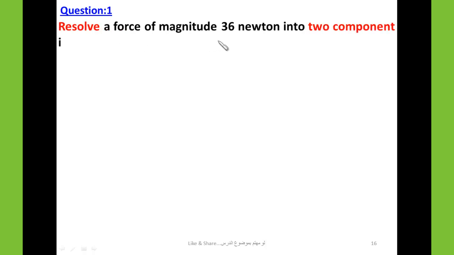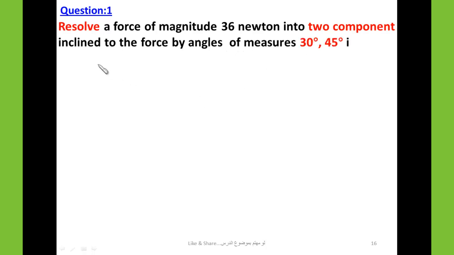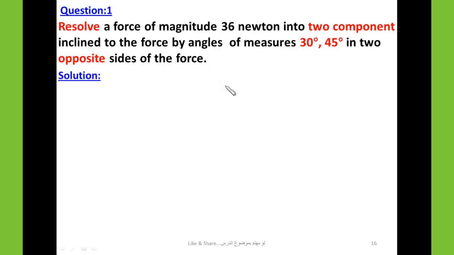Question 1. Resolve a force of magnitude 36 Newton into two components inclined to the force by angles of measure 30 and 45 degrees into two opposite sides of the force. So the resultant force is 36, and we will draw a figure to show our problem.